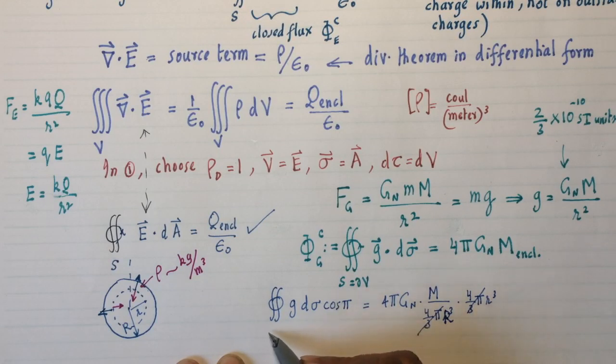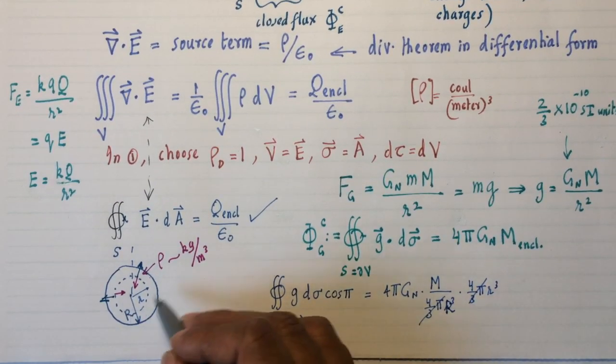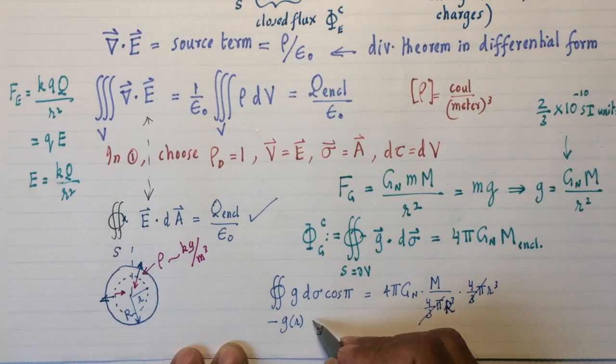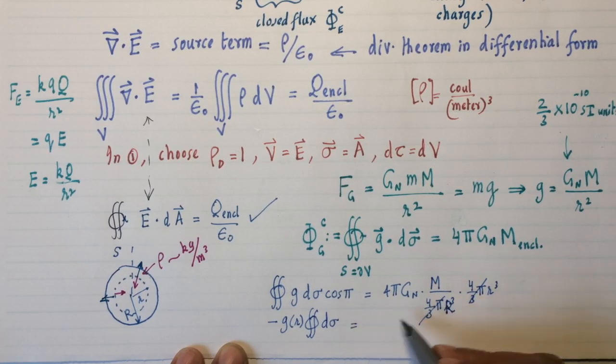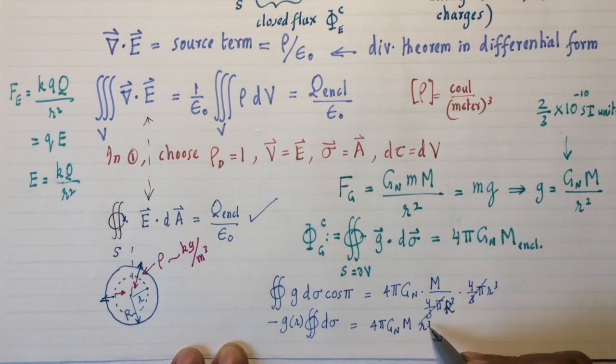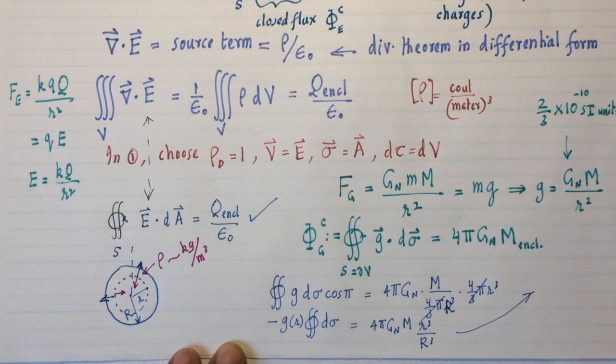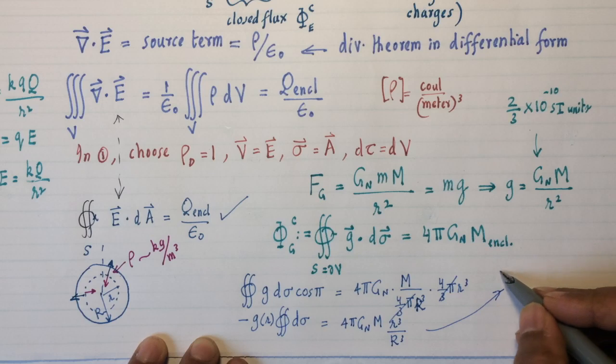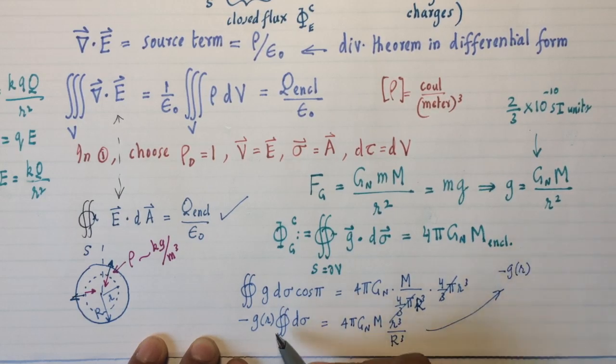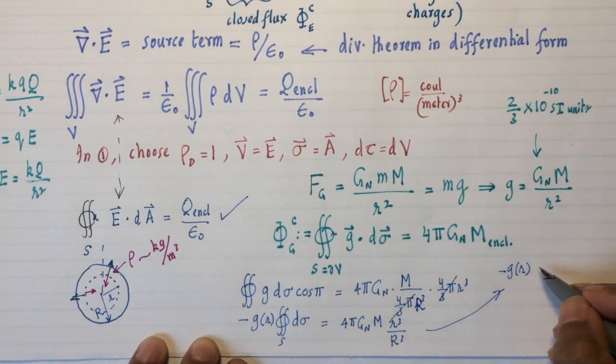And this here is negative. I can take the g outside because it only depends on r and not on theta or phi, which are the other coordinates in spherical geometry, and then just get the integral of d sigma. And that's equal to 4 pi times G_N M r cubed over capital R cubed. Now, if I take this calculation over here, then I'm going to get negative g r. Well, the surface area of a sphere is just 4 pi r squared.